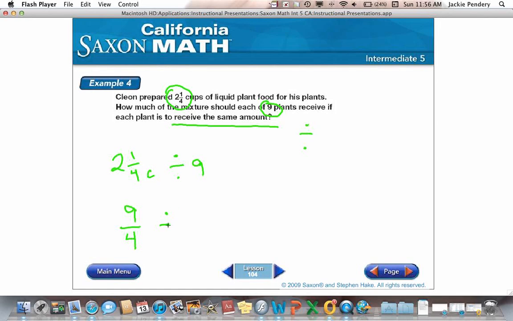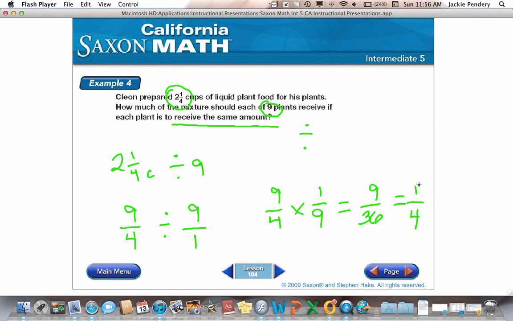Divided by 9, and we turn this into a fraction over 1. But now I know that when I divide a fraction, I actually multiply by the reciprocal. Remember, you only change the divisor, only the second number. So 9/4 times 1 over 9 equals 9/36, which reduces to 1/4.